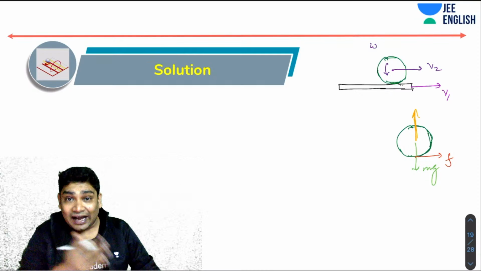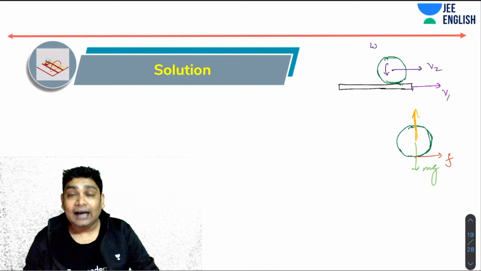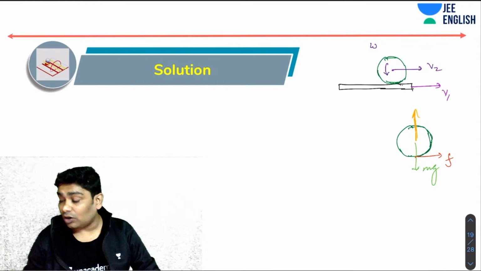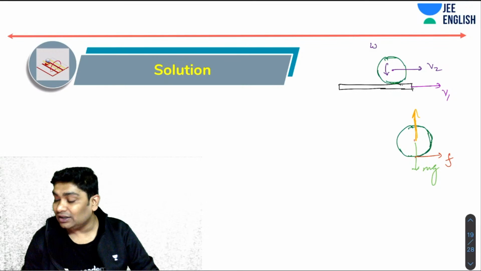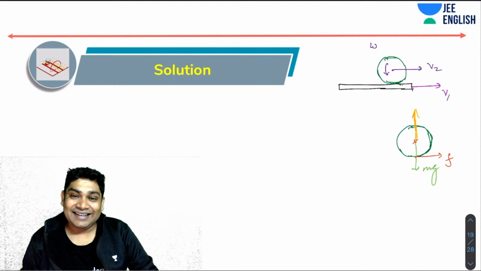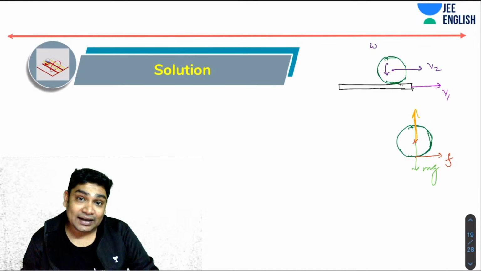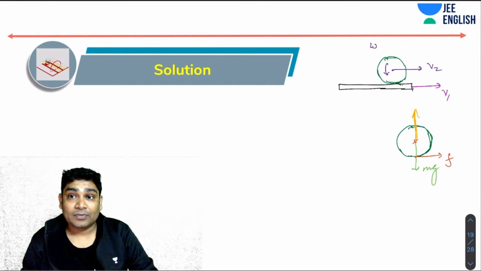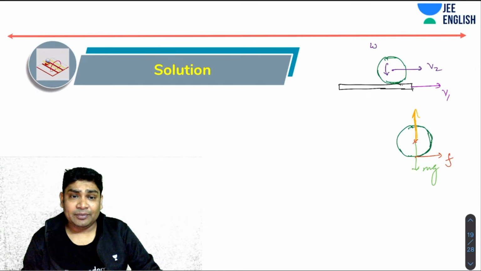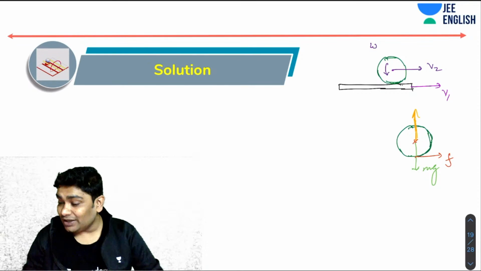That is why it is gaining a forward velocity, and that is why I said omega would be counterclockwise. If you take the torques about the center, the only external torque is due to friction, which is counterclockwise, so it will eventually gain an omega which will be counterclockwise. So this is our FBD. Now comes the interesting part.